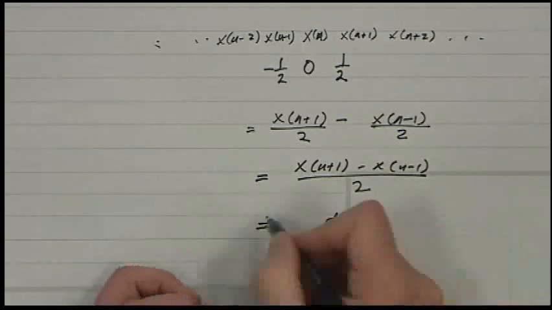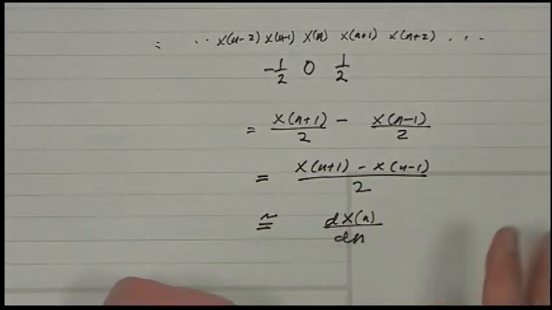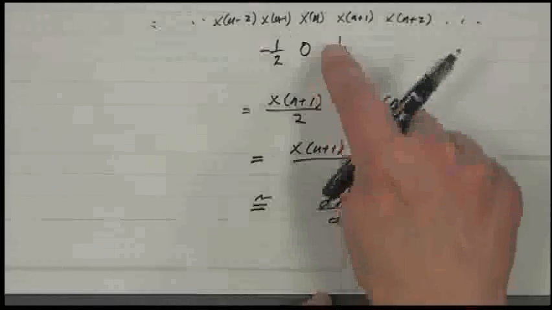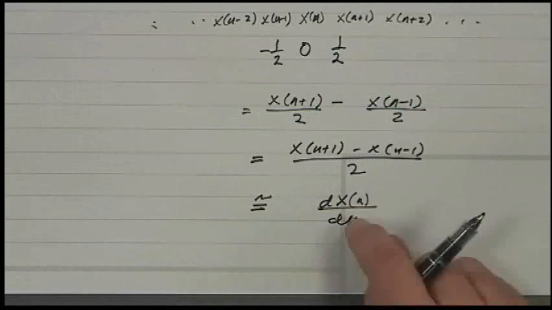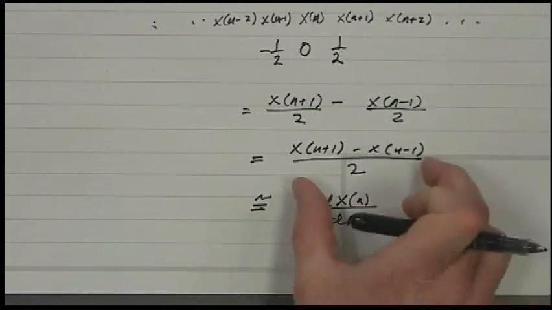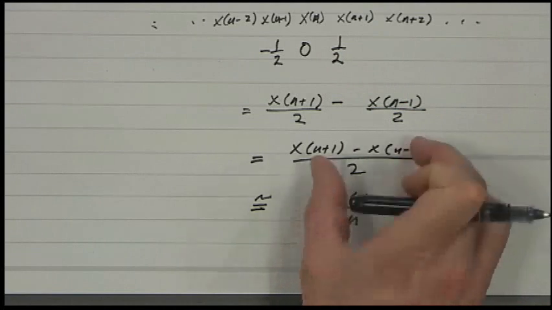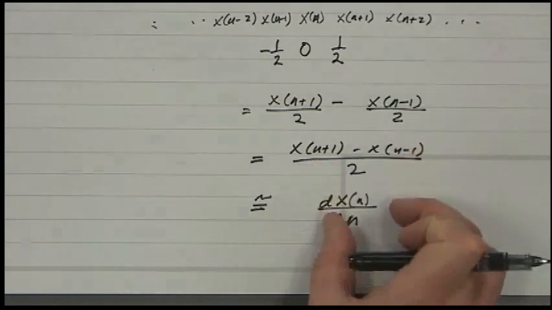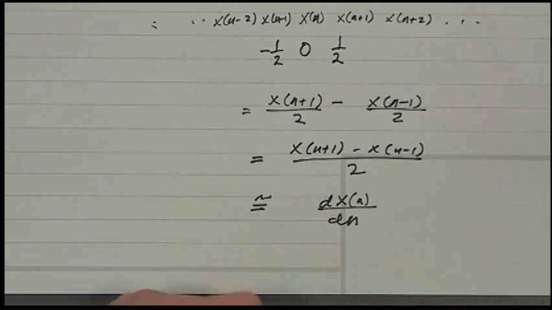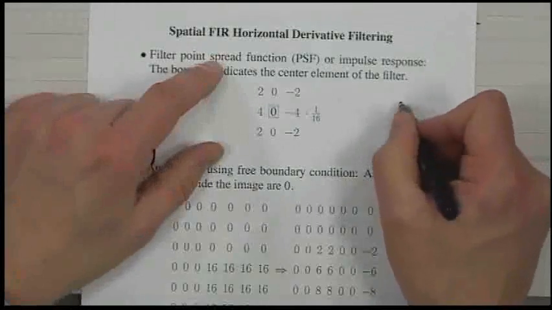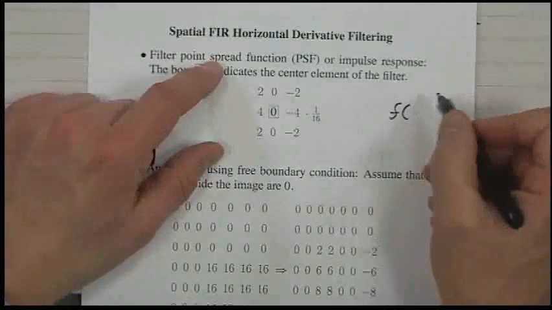Of course, I can't really differentiate x of n because it's not a continuous function of time. But if I sort of pretended it was, this is an approximation to the derivative. Or if this is a sampled version of an underlying continuous time signal, then this is an approximation to the derivative.